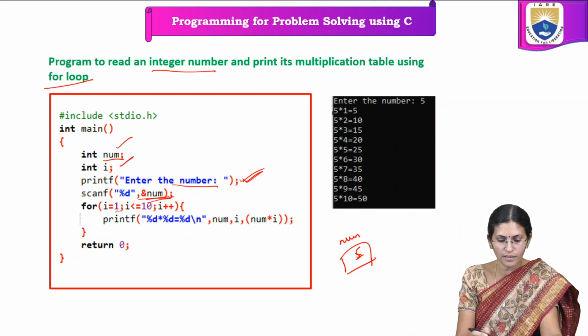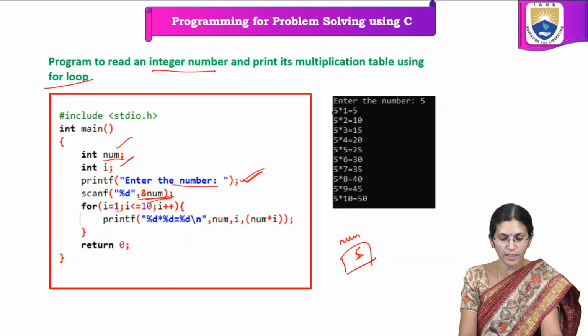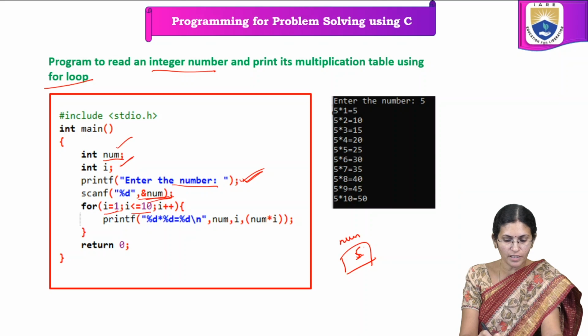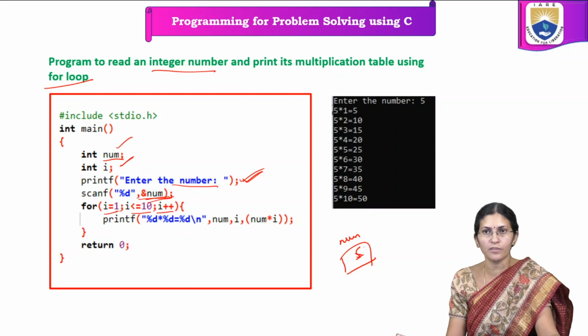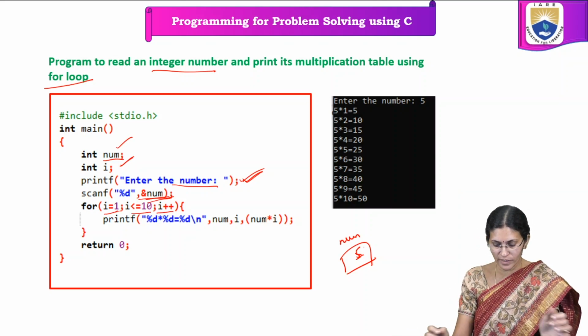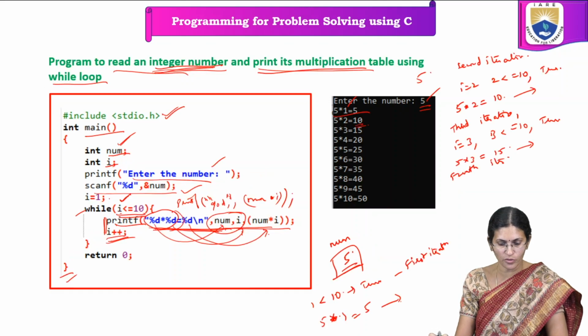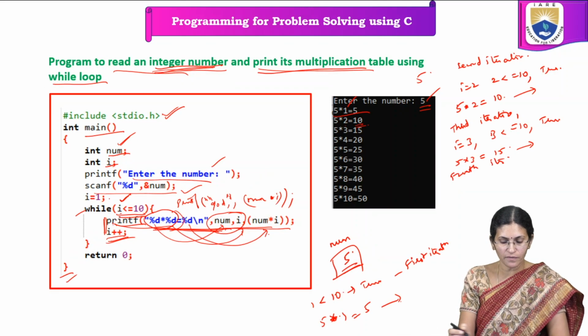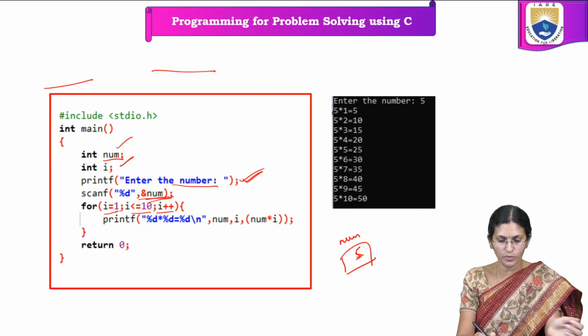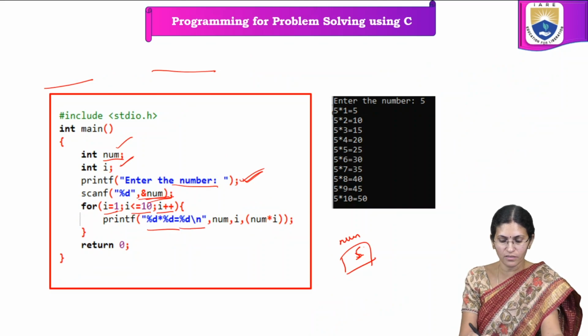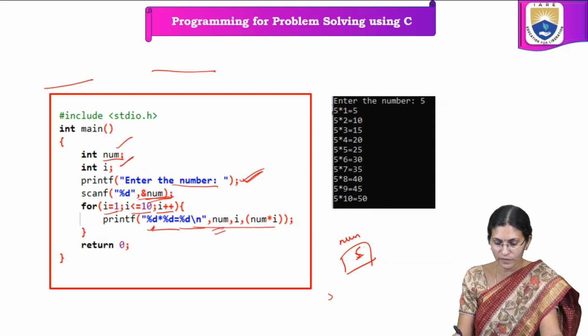In the for loop, all the three expressions are written in a single line: initialization, condition, and the last one is the update expression. The same printf statement you can use here also. This printf statement we have written inside the for loop, so this will repeat. Here %d corresponds to the number, whatever you have entered.